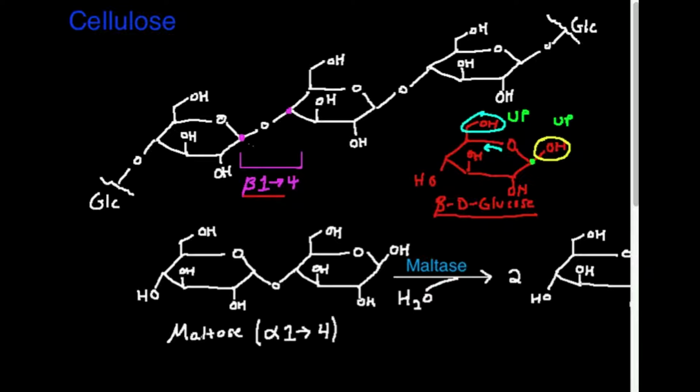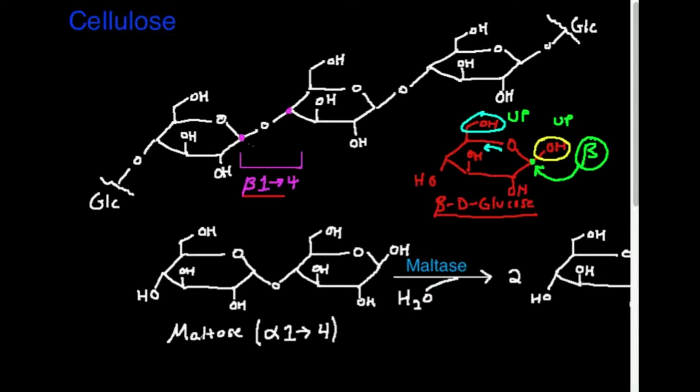If you think back to some of the previous videos where we talked about alpha and beta, and I recommend if you don't know what alpha and beta are to go back, but when you look and see both of these groups, counterclockwise from the oxygen and clockwise, both going up, we say that this conformation happens to be beta. In other words, the anomeric carbon is in the beta configuration.